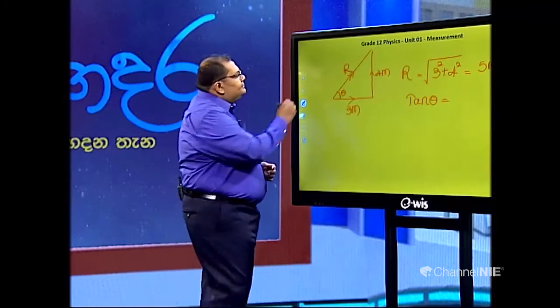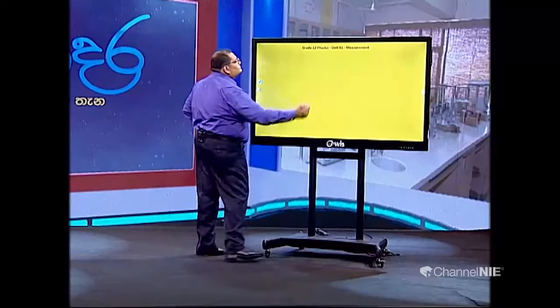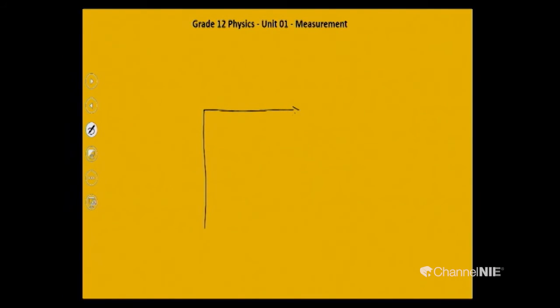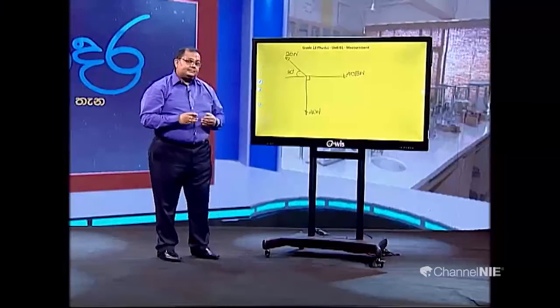Now, consider we are given this kind of three vectors to find the resultant.